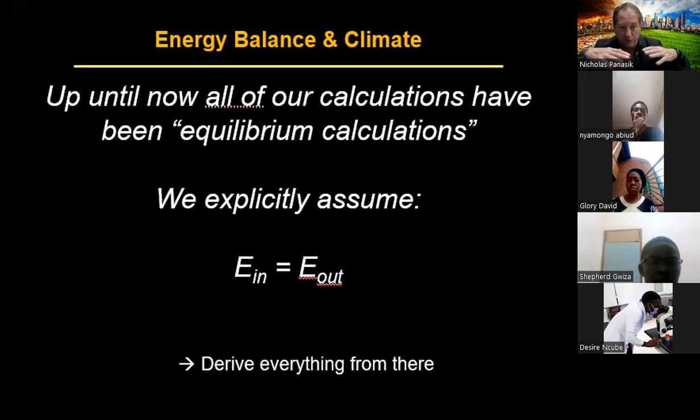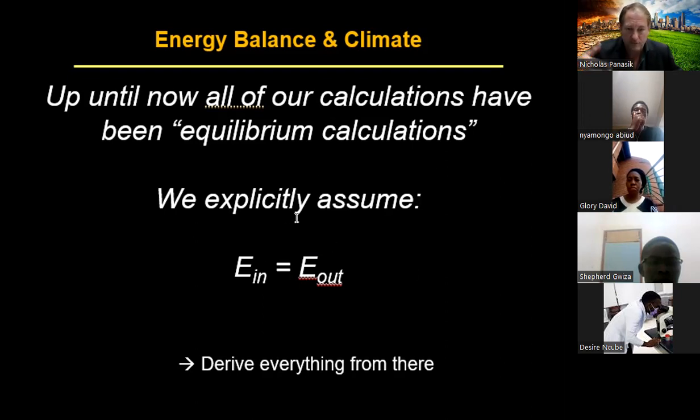And so you're figuring out what the effect is if the planet has an atmosphere, how much it's going to change the surface temperature in order for the part that's radiated out to space to be equal to what's coming into the planet.